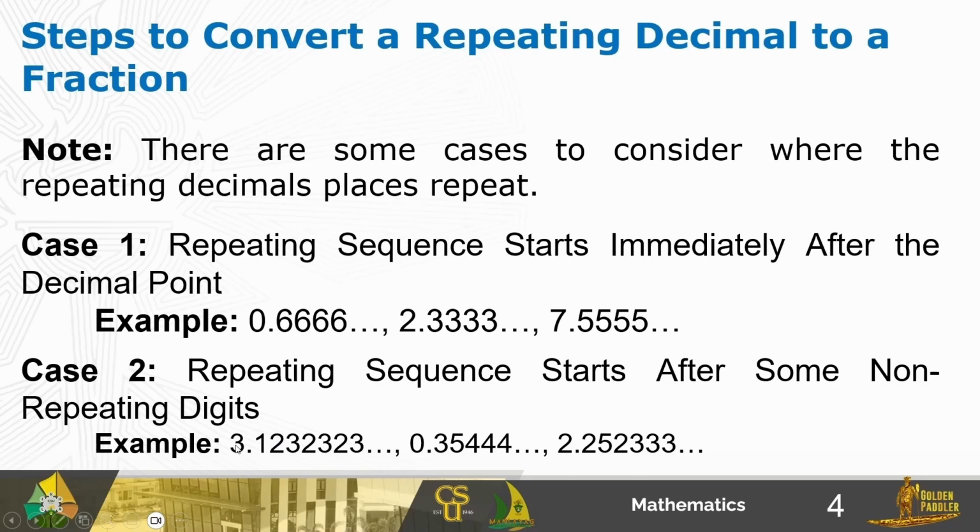Example 2, 0.3544. As you can see here, the repeating block is 4, and it's right after 35. And the last example is 2.2523333. We notice that the repeating part is only the 3, and it's right after 252.